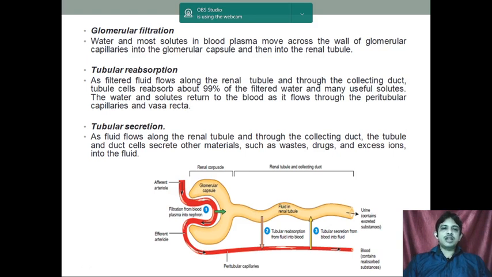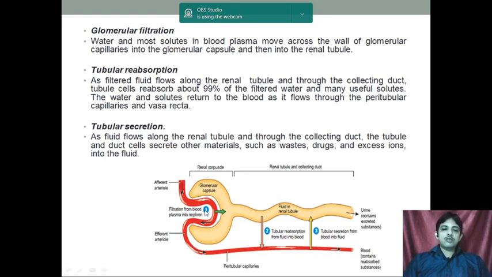Next is tubular reabsorption. As the filtrate fluid flows along the renal tubules and through the collecting ducts, there is a reabsorption of 99% of the filtrate water and many useful solutes.